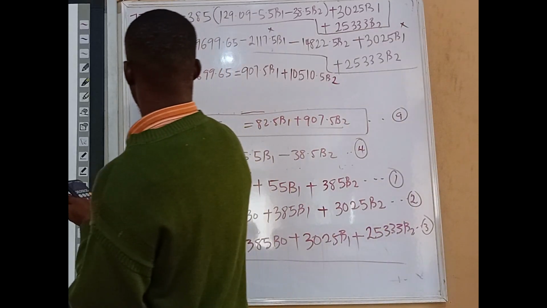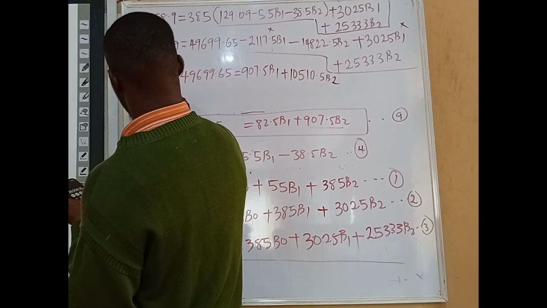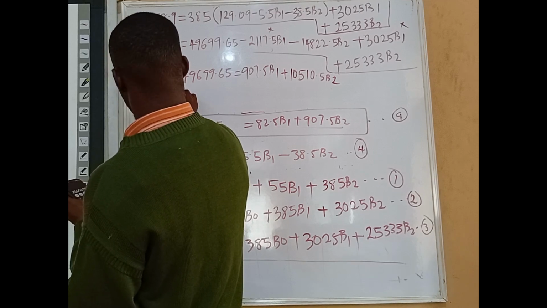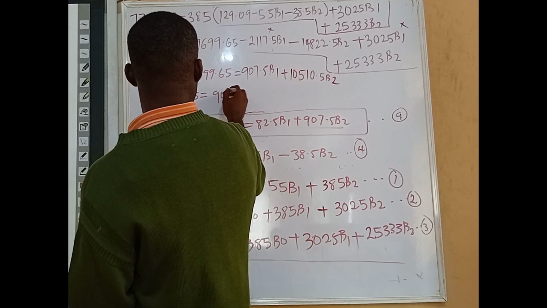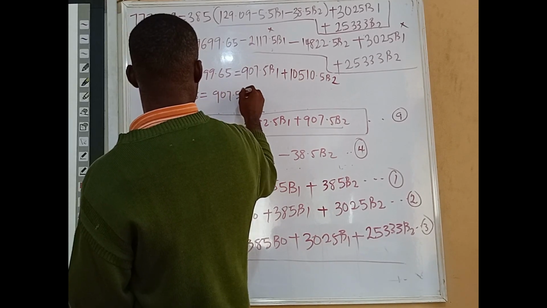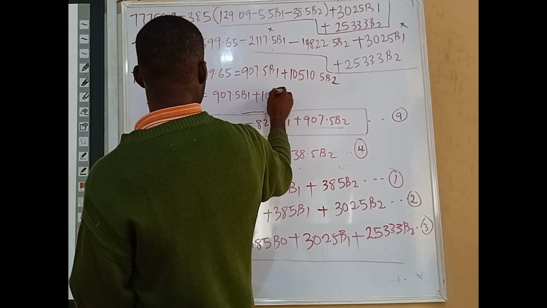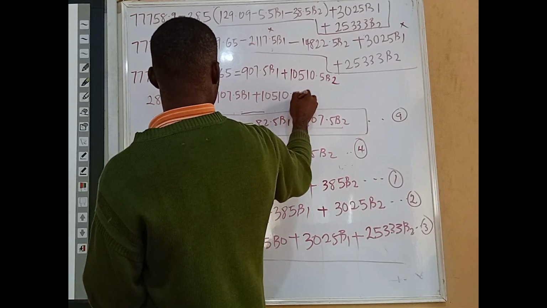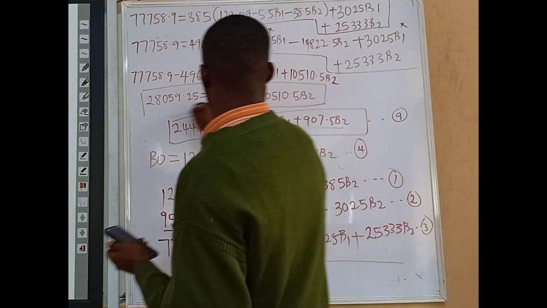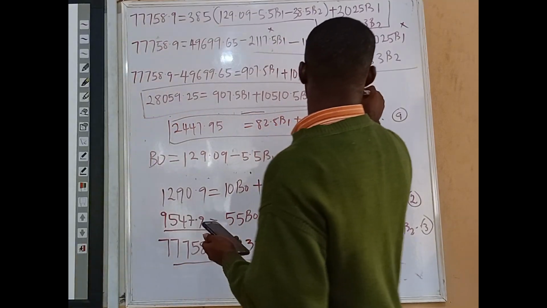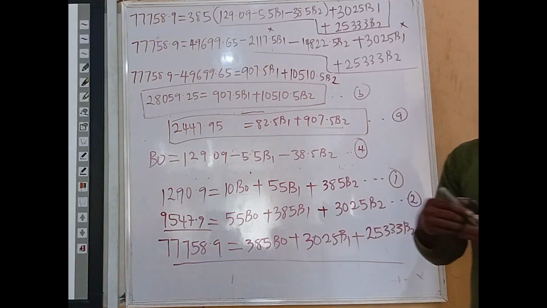This is 28,059. So this is our equation B.